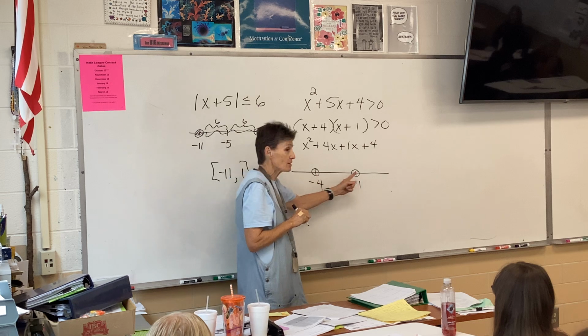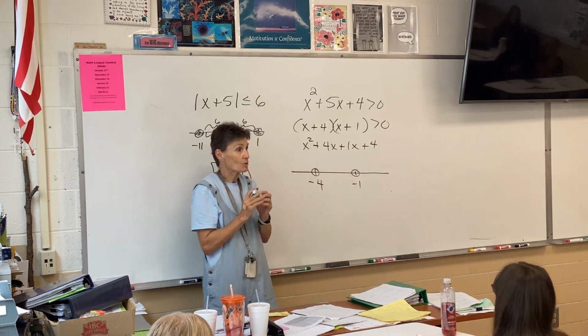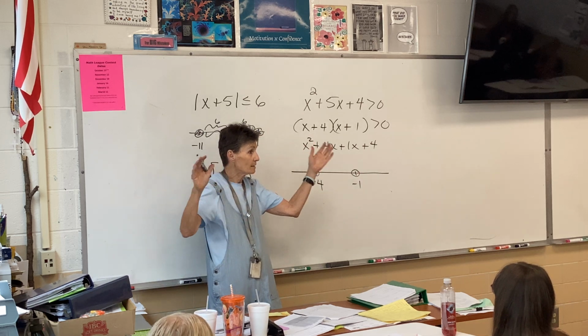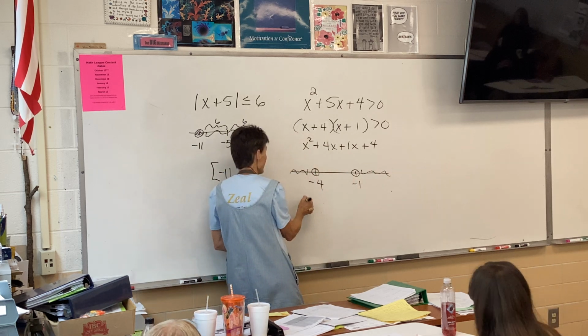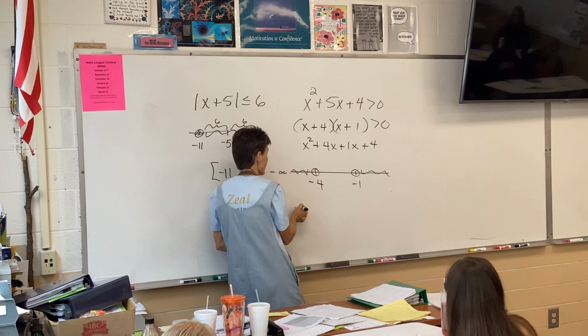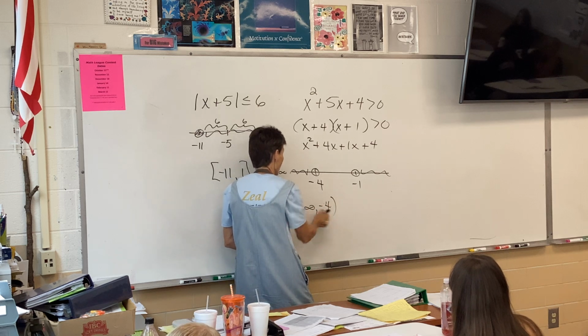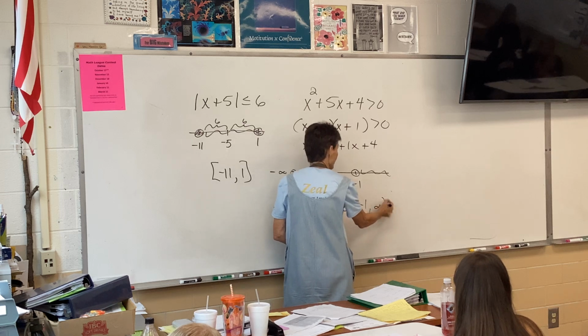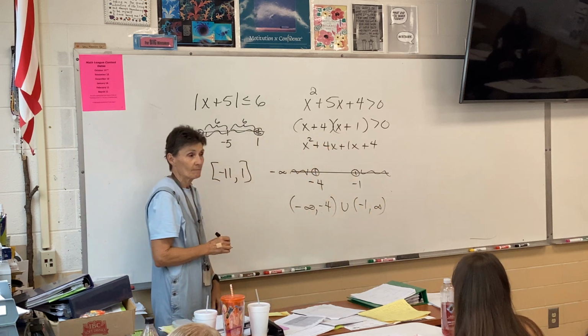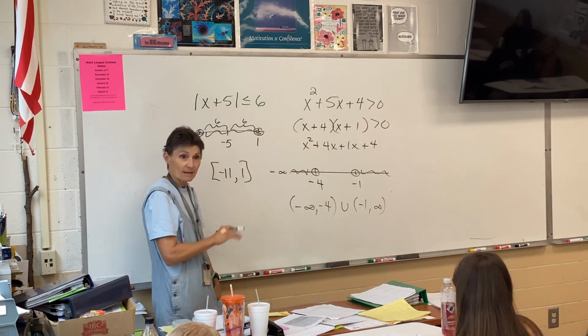So I'm going to leave the dots open. And since it's a greater than, I'm going to shade out. So my answer is, remember this is negative infinity, so negative infinity to -4, and -1 to infinity.